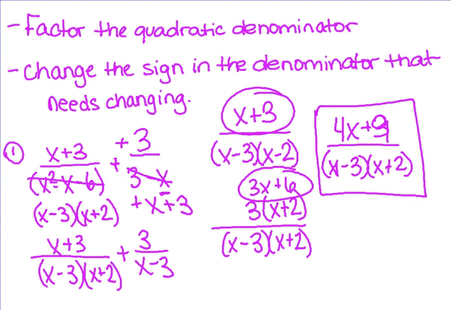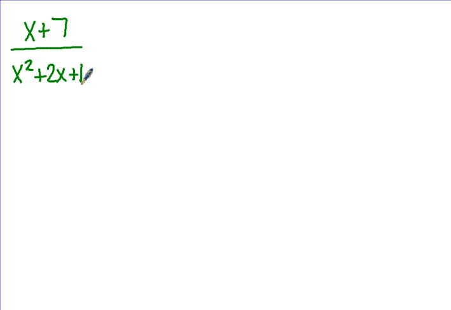Let's look at a second example. We have x plus 7 over x squared plus 2x plus 1 minus 3 over negative 1 minus x. The first thing we're going to do is factor this denominator.